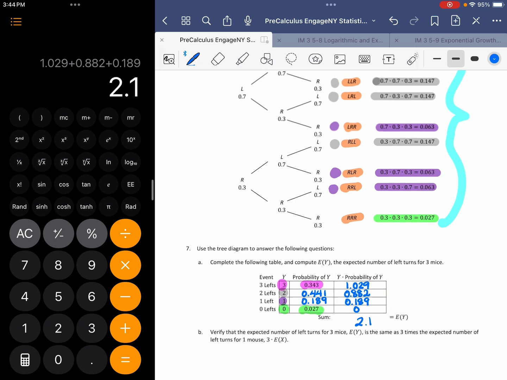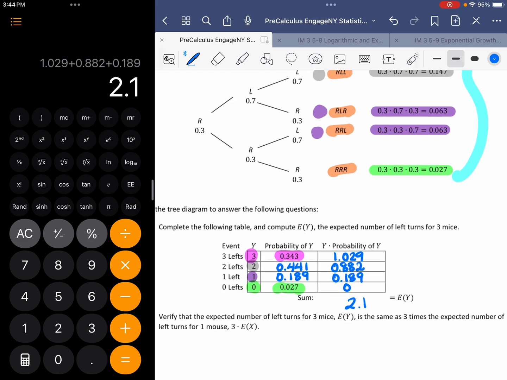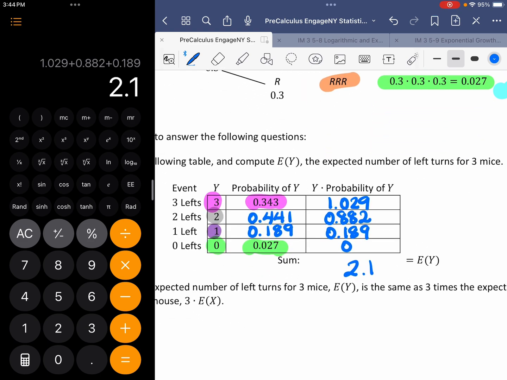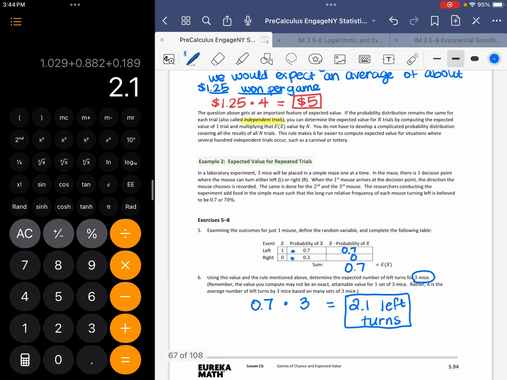Okay, so on this page, we found the expected number of left turns for 3 mice. We found that that number was 2.1. On the last page, if you flip back really quickly, we also found the expected number of left turns for 3 mice, and we said that that was 2.1. We found it a different way, though. We found the expected value for 1 mouse, and we multiplied it by 3.